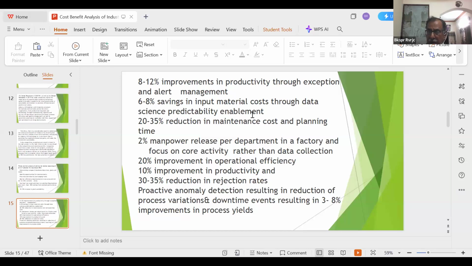Proactive anomaly detection resulting in reduction of process variances and downtime events results in 3 to 8% improvements in the process yields.